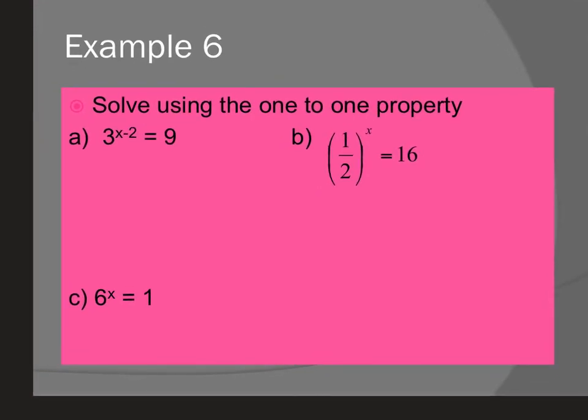It says solve using the one-to-one property. If they tell you to solve using the one-to-one property, then you can always solve based upon the way I'm showing you how to do this. The first thing I want you to do is get the bases to be the same.